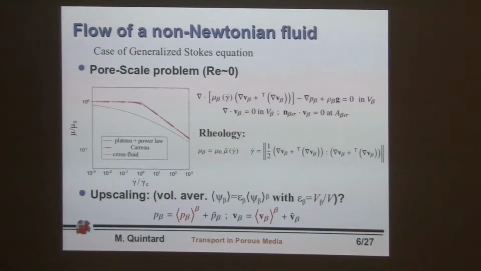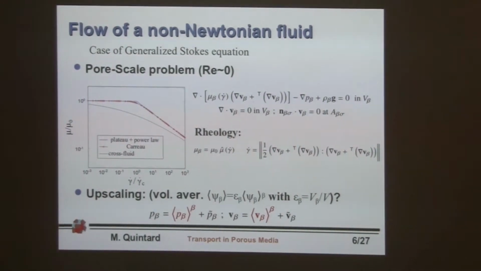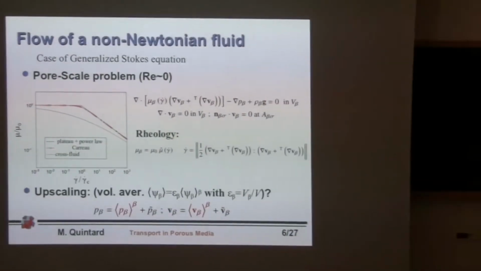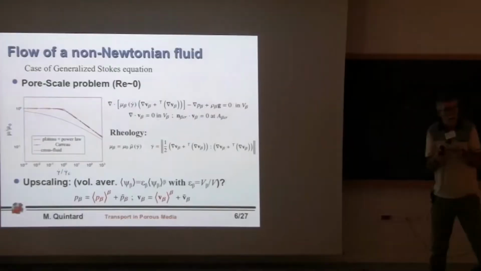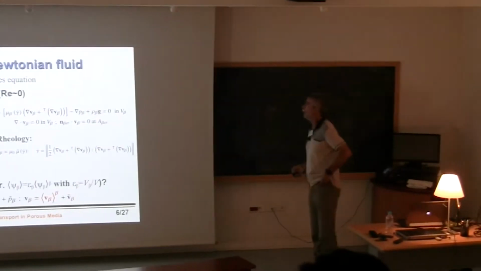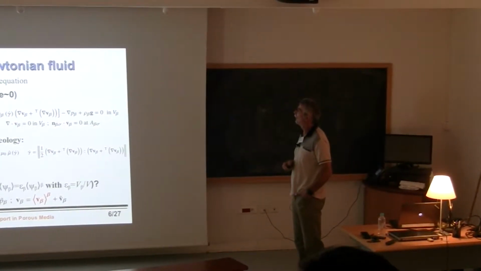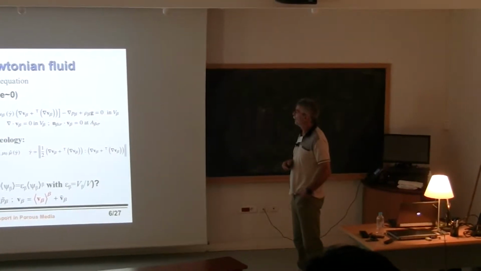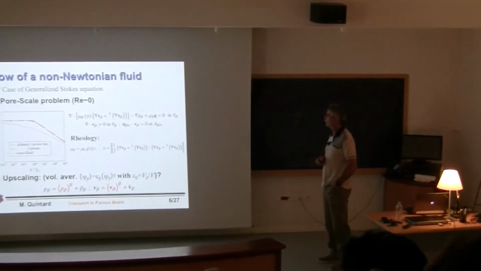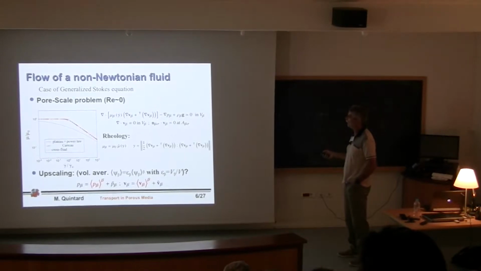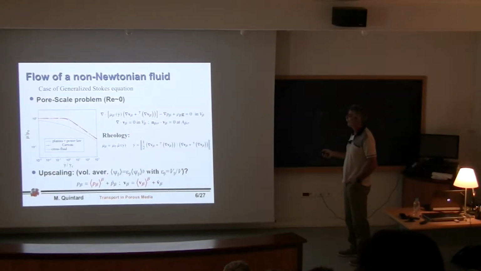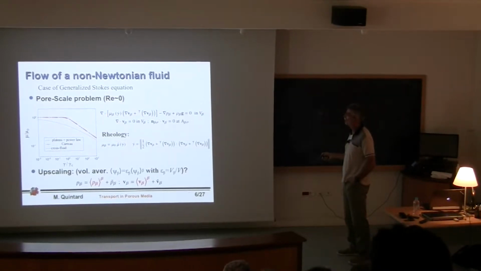Now, let us start with something a little bit different from the Navier-Stokes equation. Now I have a non-Newtonian fluid with a rheology, a link between the shear rate and the stress, which is nonlinear, and which can be solved by solving what is called the generalized Stokes equation.